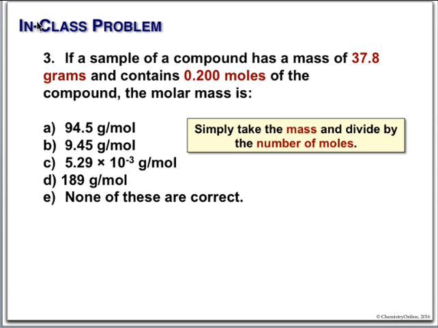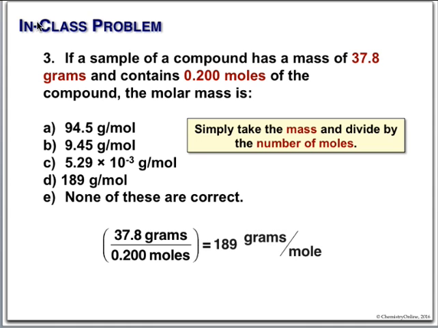So the math is going to be our 37.8 grams divided by our 0.2 moles. Simple calculation. And we're at 189 grams per mole. That is our molar mass. Simply remember, mass divided by moles is molar mass.